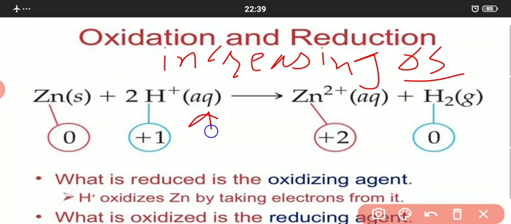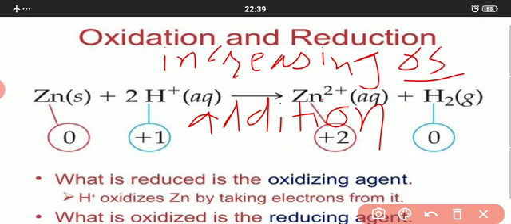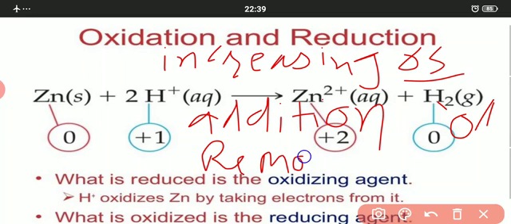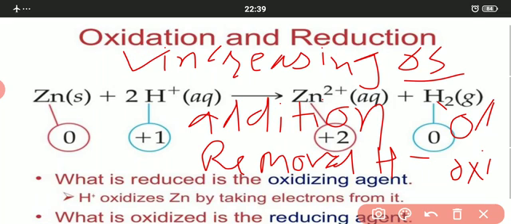Second, addition of oxygen is oxidation reaction. Third, removal of hydrogen is oxidation reaction. So we have three definitions. First is increasing oxidation state, addition of oxygen also is oxidation reaction, or removal of hydrogen is also oxidation reaction.